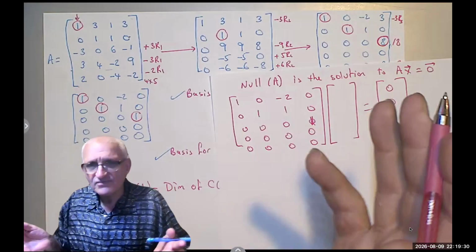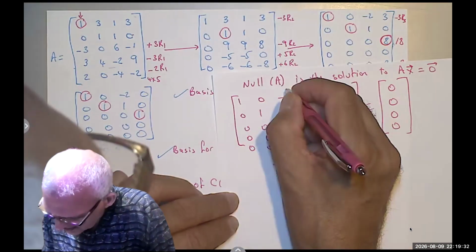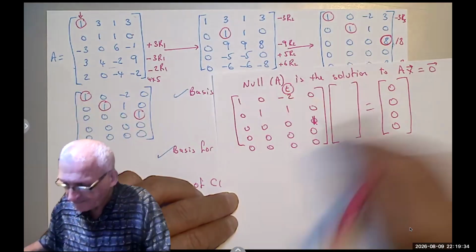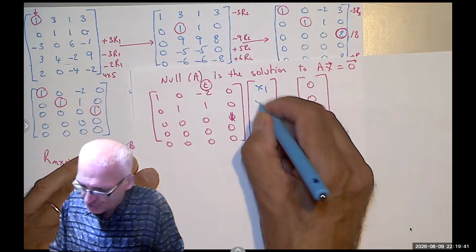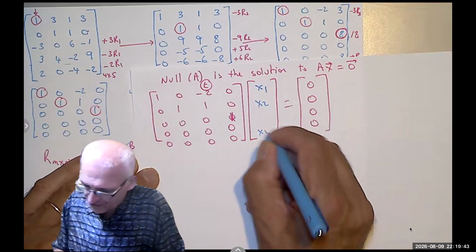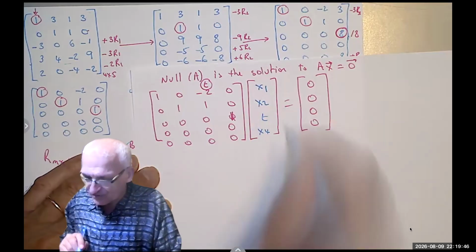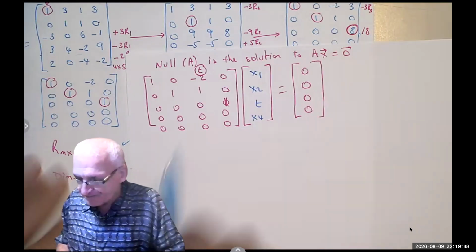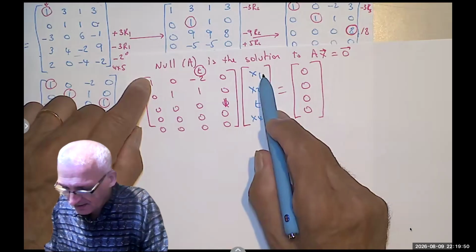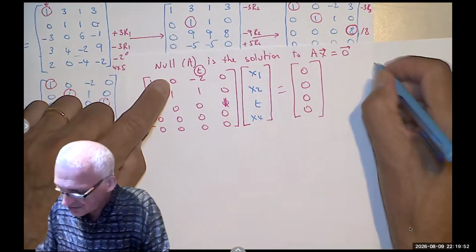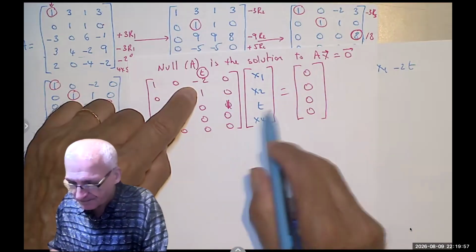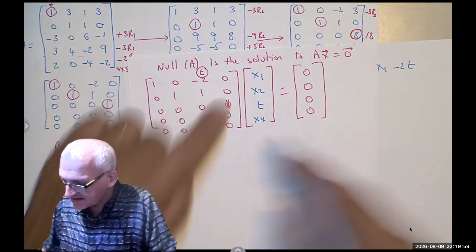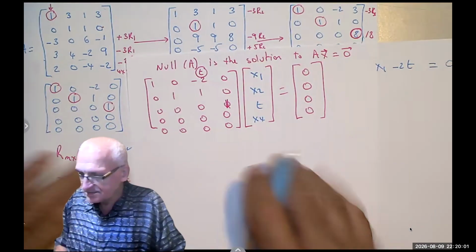So how do I solve? I'm going to call it T. Okay. And then if I say here x1 for the column 1, x2 for the column 2, x4 for column 4, and t for the column 3, then it says x1 plus 0 minus 2t plus 0 equals 0.